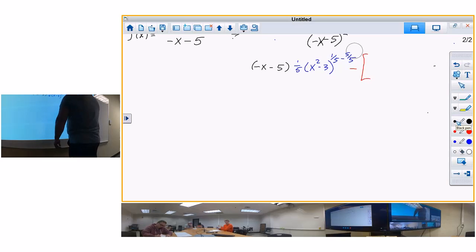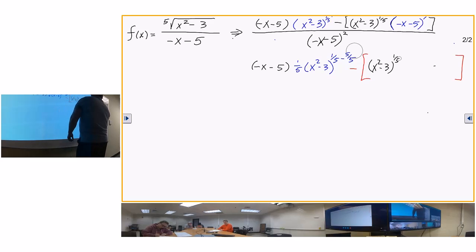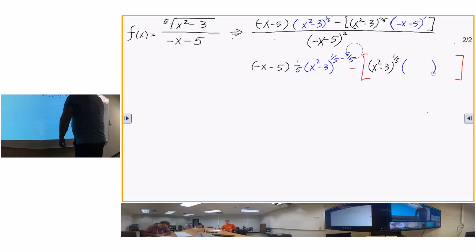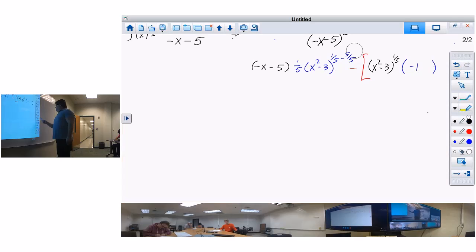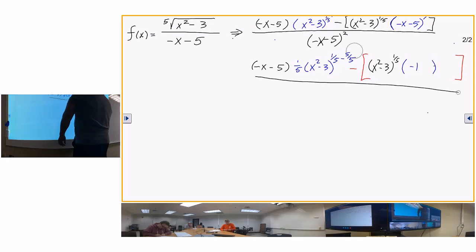And that's going to be x squared minus 3 to the 1/5 power, and negative 1 is your derivative of negative x minus 5. And of course I really don't care about the denominator because I'm going to worry about that later, so denominator squared.